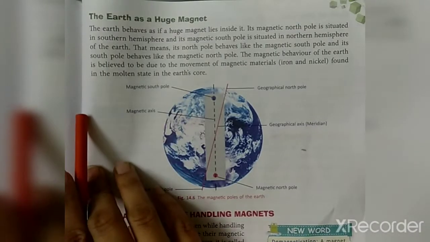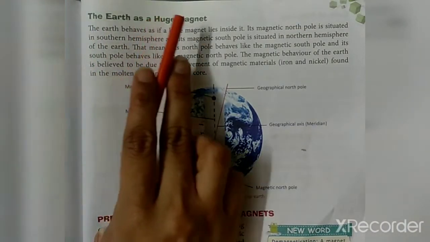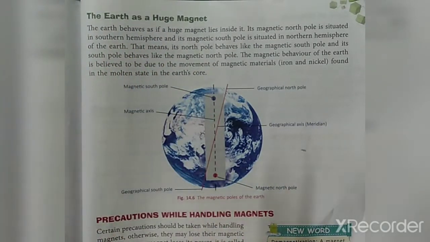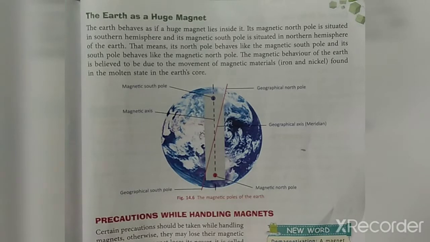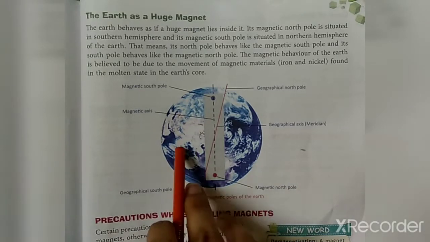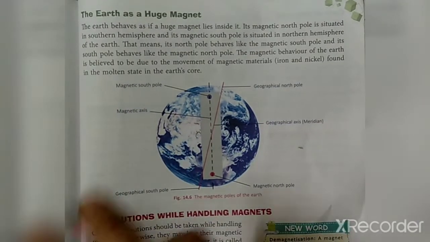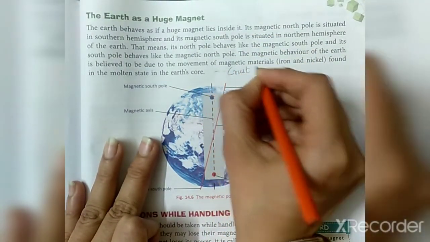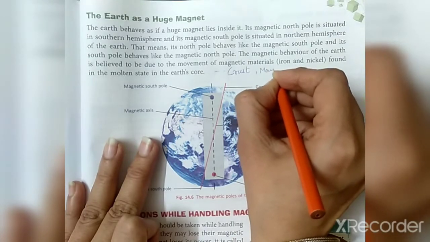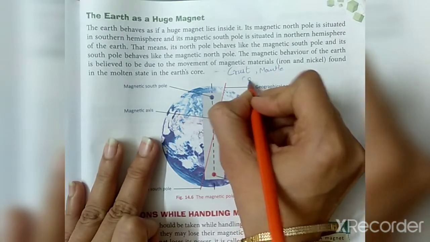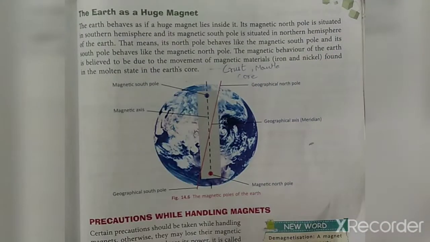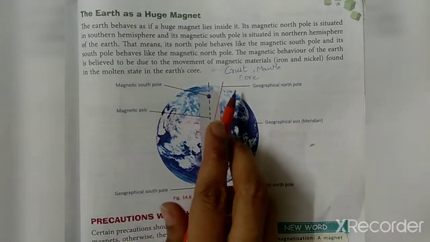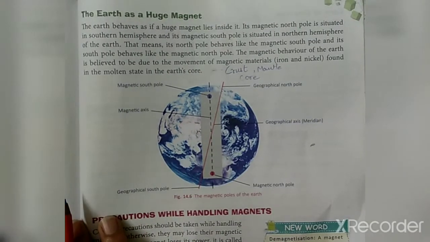The next topic that we are going to read is the earth as a huge magnet. This topic says that the earth behaves as a magnet. Why is it so? As you know, the earth has three layers. The first layer is the crust, the second is the mantle, and the third is the core. As you already read in class 5, the core is made up of molten iron.